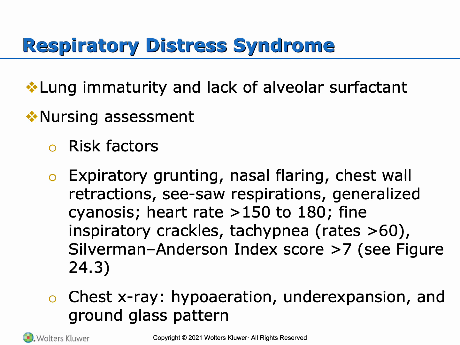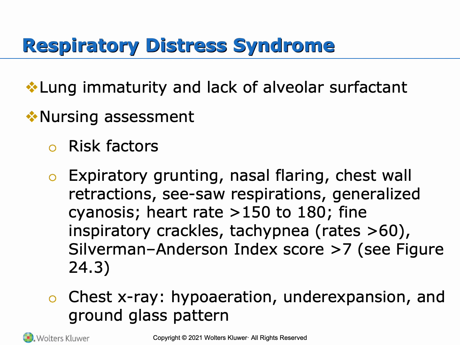The most common risk factor for the development of RDS is premature birth. Additional risk factors: C-section, male gender, previous birth of an infant with RDS, perinatal asphyxia, cold stress, and maternal diabetes, which actually produces high levels of insulin, inhibiting surfactant production. So observe the baby for expiratory grunting, shallow breathing, nasal flaring, chest wall retractions, seesaw respirations, and generalized cyanosis.